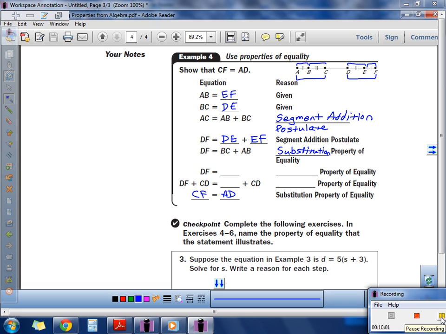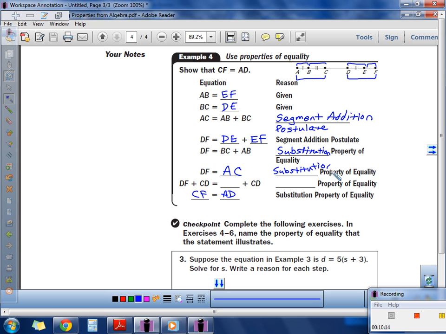On the next step, they write DF equals something. A lot of people can see in the picture that DF right here is going to be the same size as AC, and that is correct. But what's the math reason for that? Okay, we know it's substitution, not by looking at the picture though.